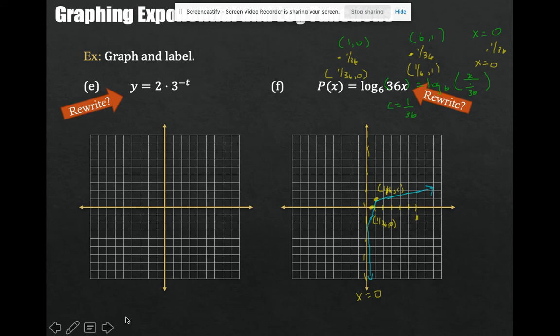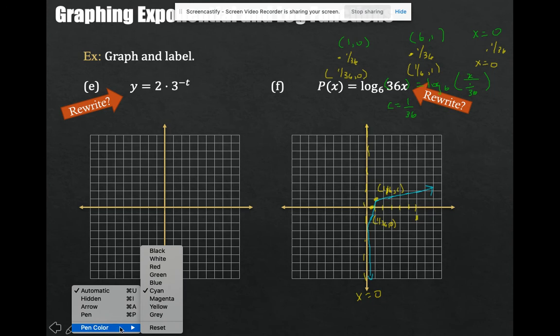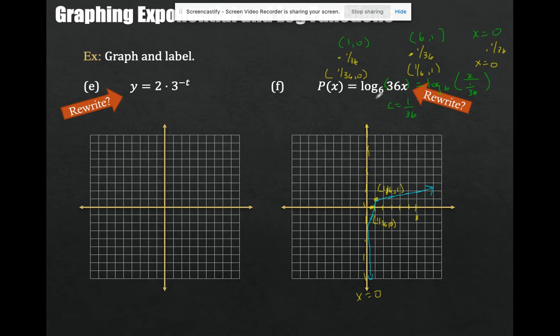But hey, could you have done a rewrite of this? Think about that for a second, right? Think about your log property skills. Couldn't I rewrite P of X this way? Right?